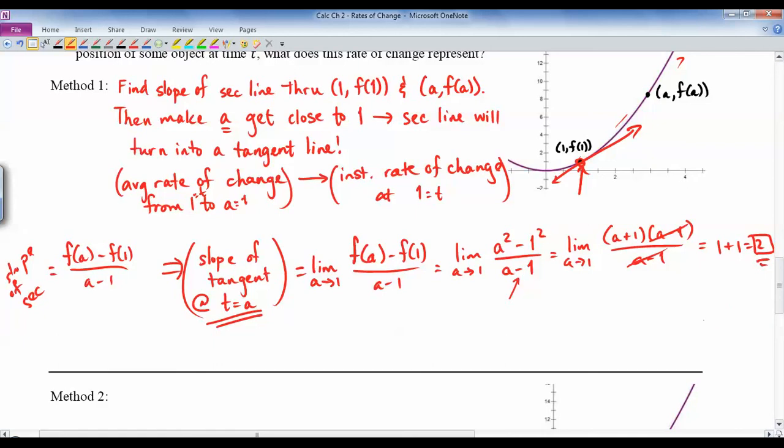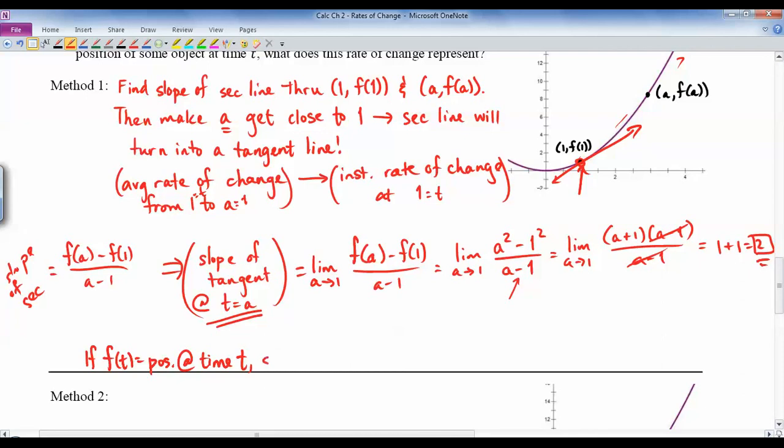Okay. Now if this equation represented our position at some time, so if f of t equals your position at time t, then what we did was we just figured out a slope, right?